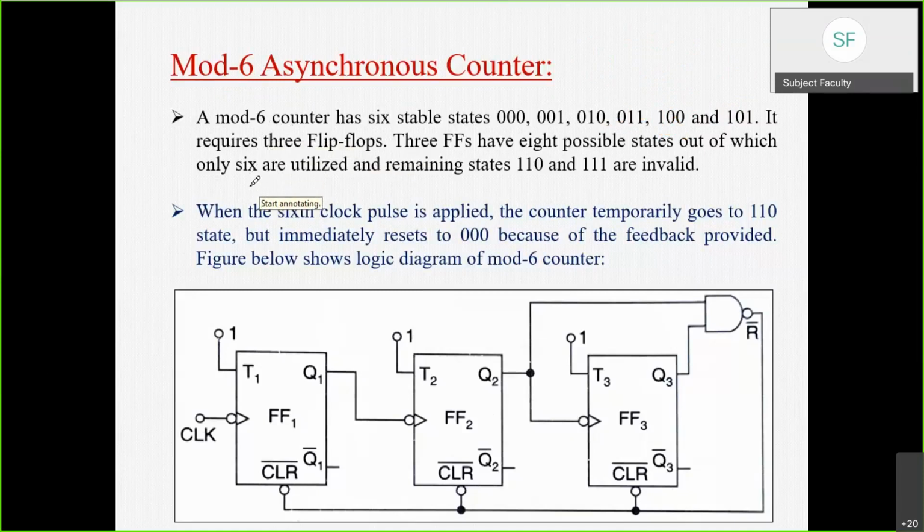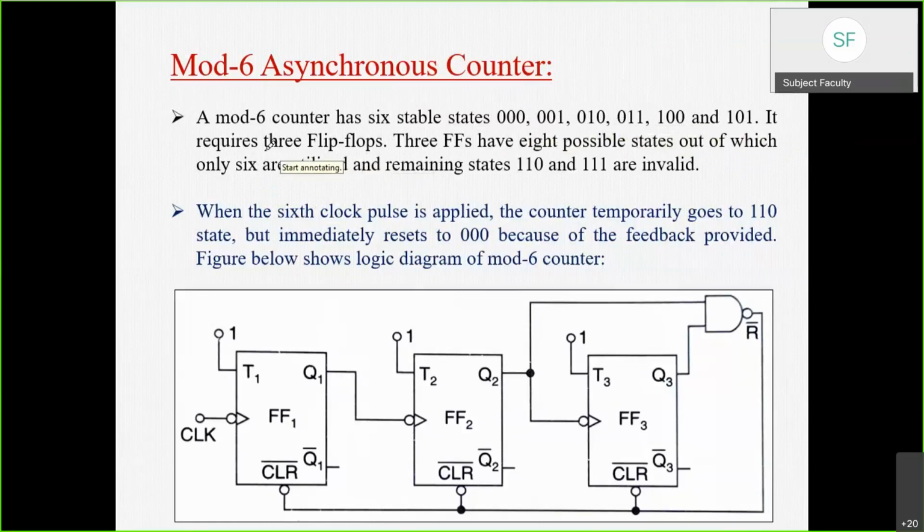The mod 6 counter has 6 stable states, starting from 000, then 001, 010, 011, 100, and 101. If you count these states, 1, 2, 3, 4, 5, and 6, the mod counter will have only 6 stable states. These are the output states.